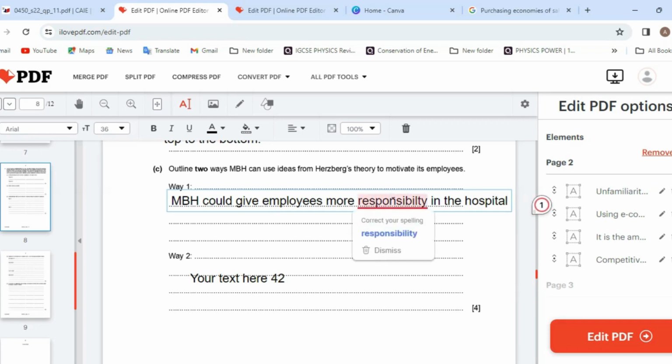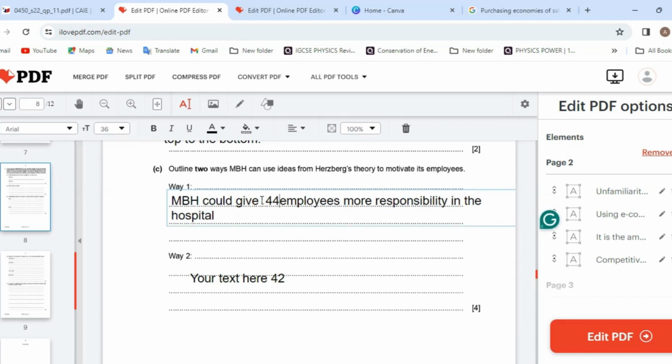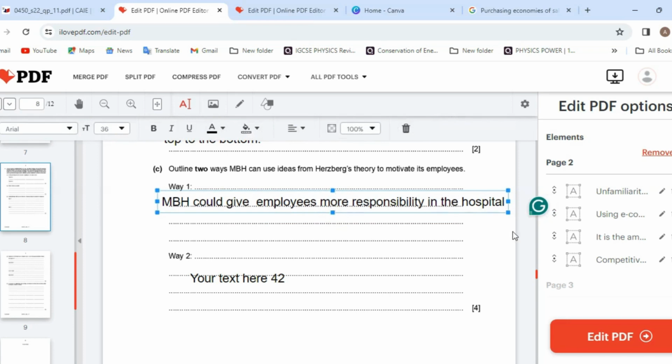Or you can say 440 doctors, or you can use the employees. Let's just use the employees in the hospital. When you give the employees more responsibility, they won't be bored with only one task.